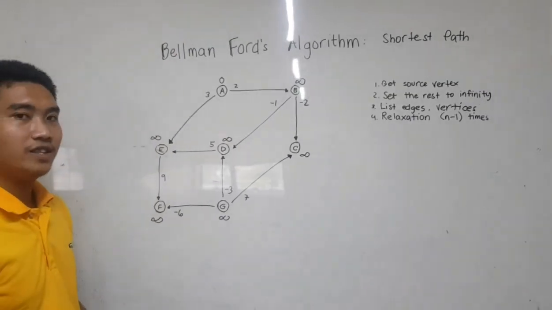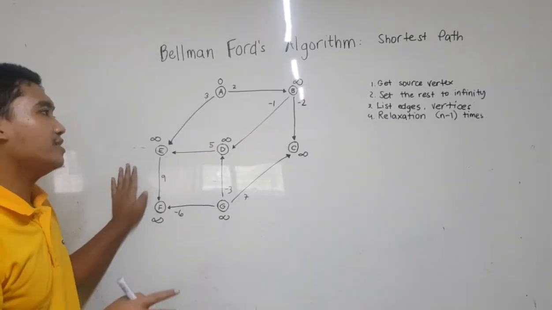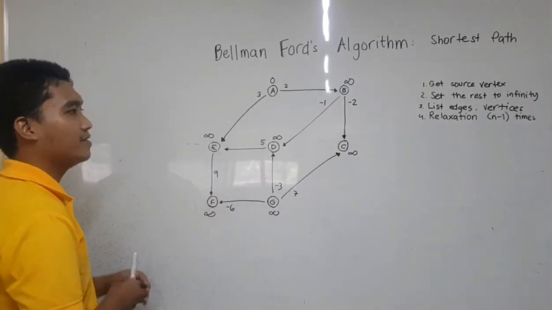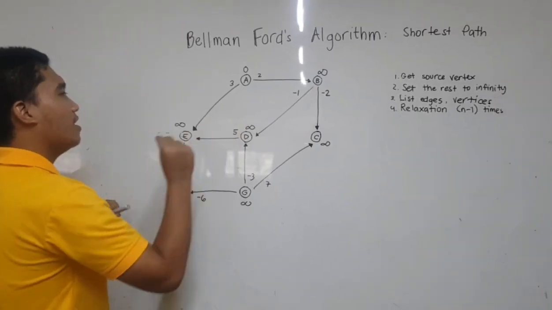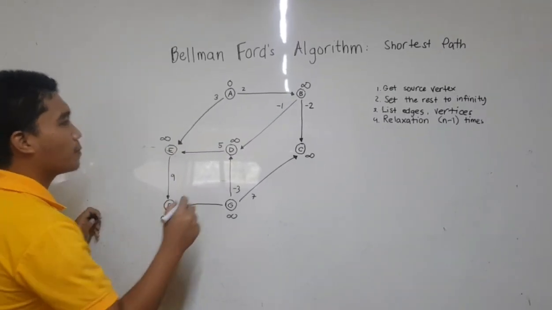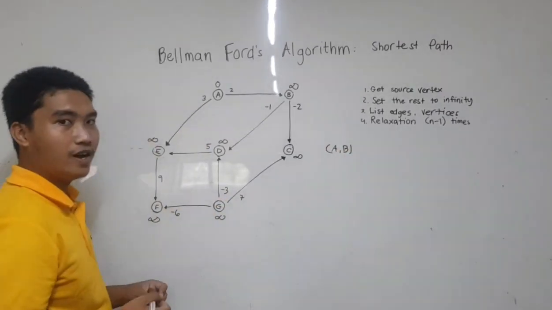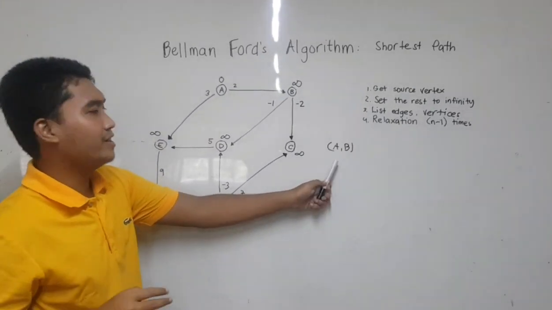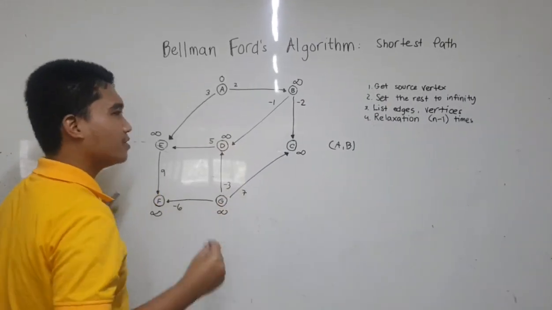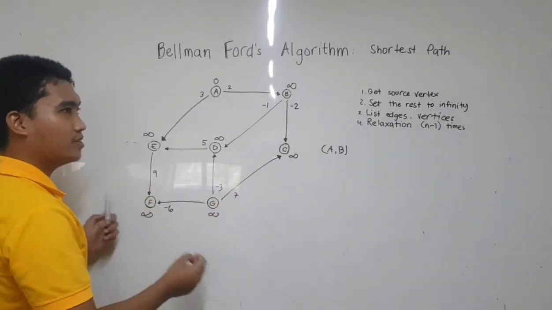Now we have listed the distances of each vertex. Now let's list all the edges and the vertices of this graph. To list the edges, we find the pairs of vertices that form edges. Let's say AB. The order of the vertices is important: it has to be A to B and not B to A, because that's different.